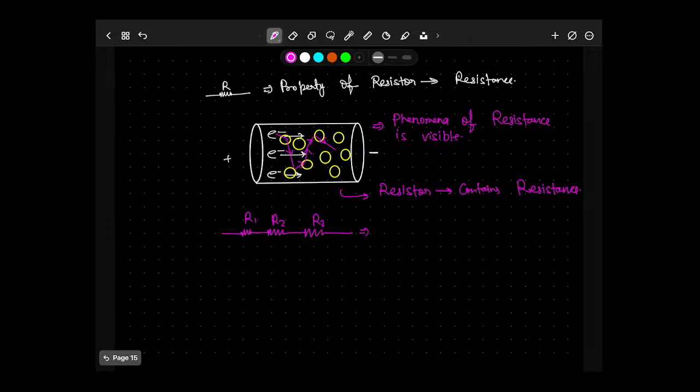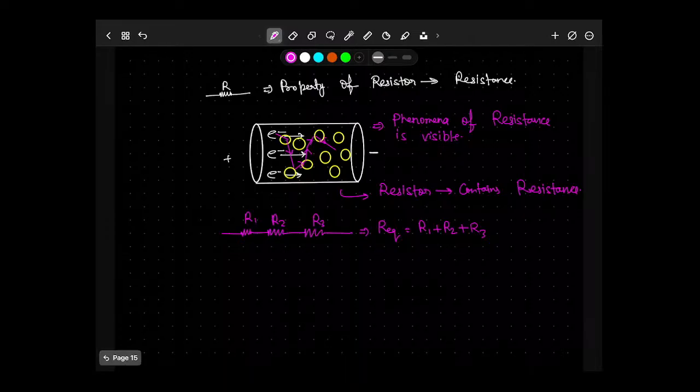It tells you that a single resistor containing a particular resistance can replace all these three and will have the same effect as these three resistances are creating. So clearly we can say that R equivalent is equal to R1 plus R2 plus R3 if they are connected in series.